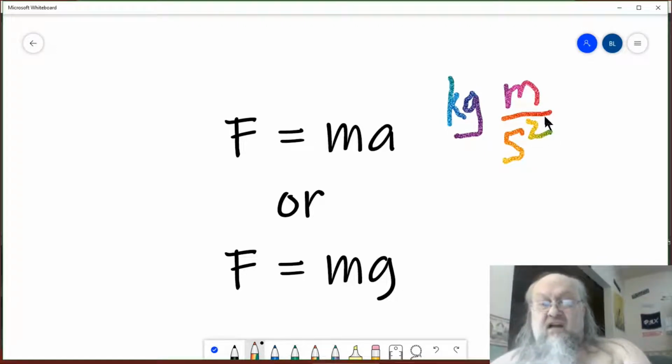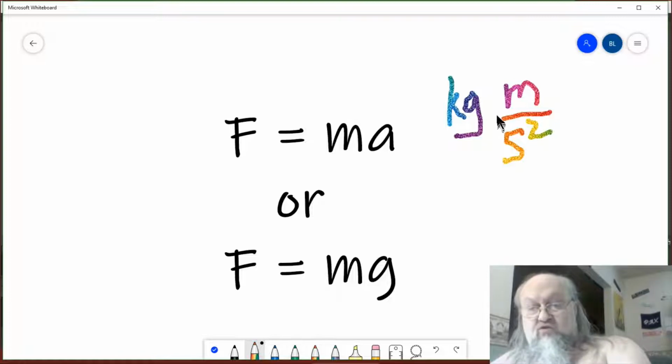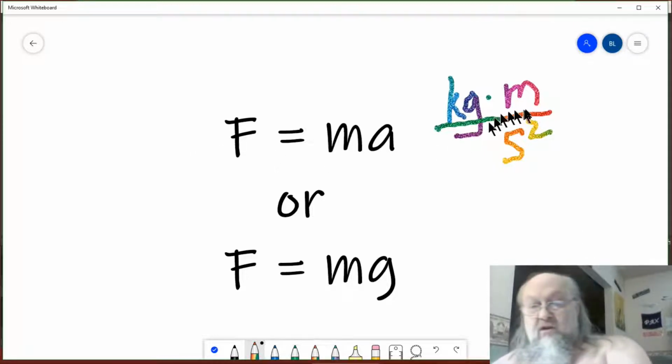And we decided that kilogram meters per second squared is going to be equal to 1 Newton.